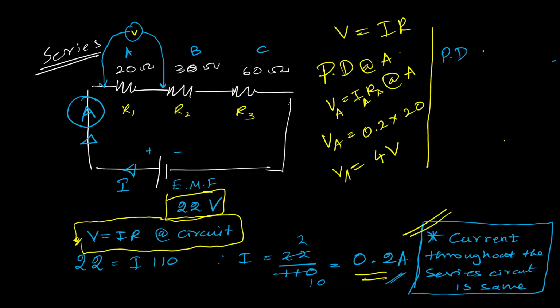Potential difference at B. This is only B. Potential difference at B is going to be the same equation. V equals IR, VB, IB, RB. Voltage of B equals, current is same now, 0.2 into 30. VB is going to be 0.2 into 30 is 6 volt.